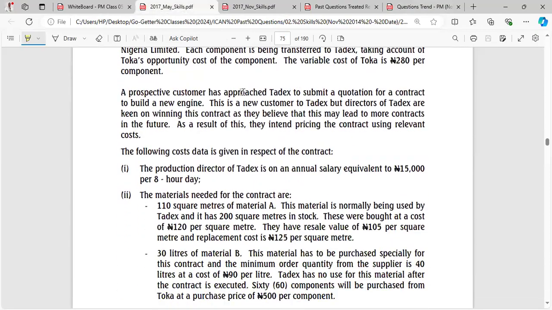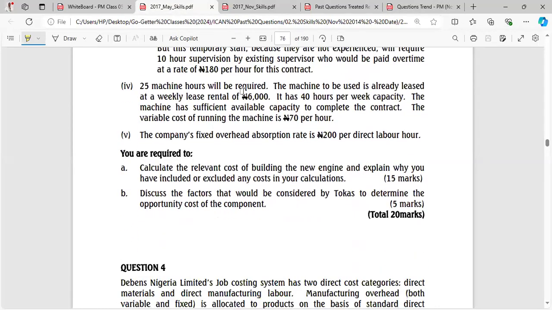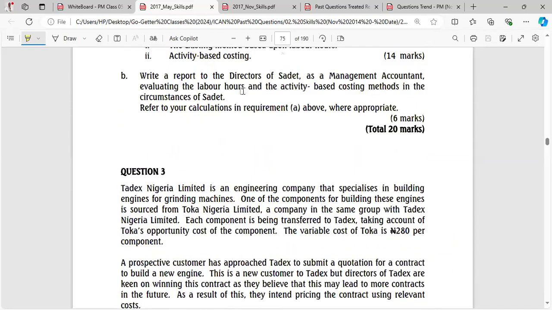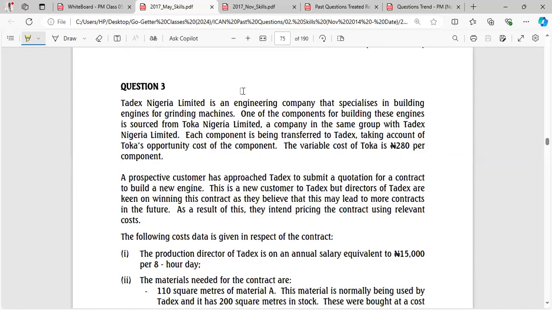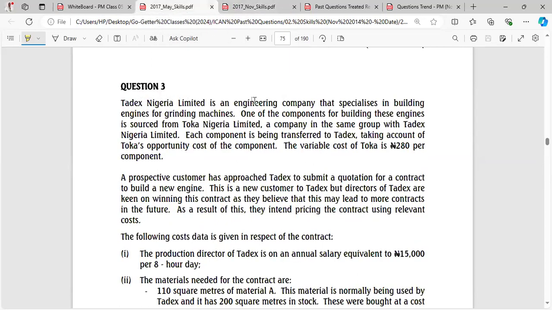I will do the May 2017 first because this is the one that looks very simple for almost everyone who submitted. Then we will now go to November 2017 question 2 and we will now look at it.